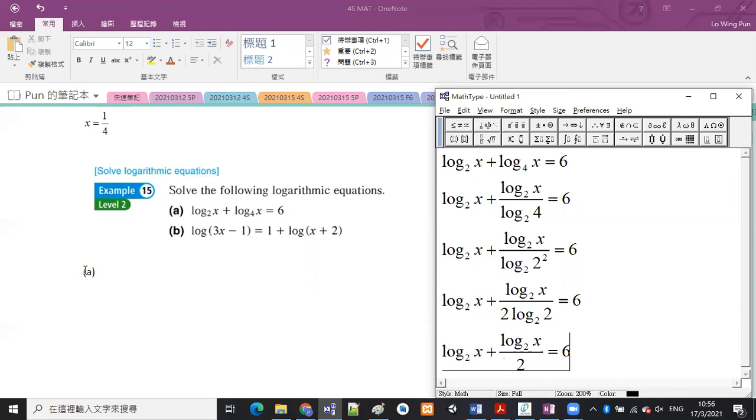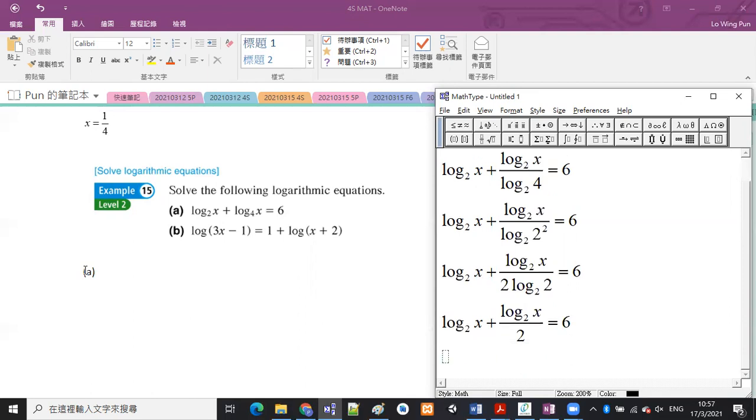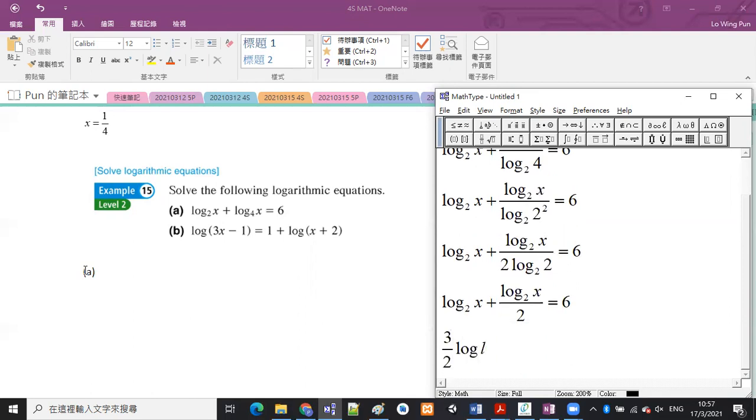We have 1 log x plus half log x. Both are base 2. So we can add them together, add the like terms together. So the outcome will be 3/2 log x base 2. Can you get this? They are like terms.